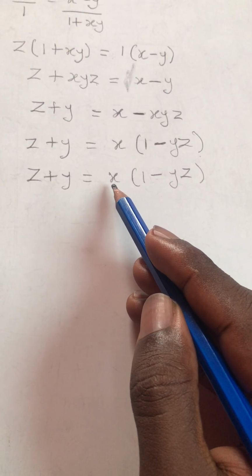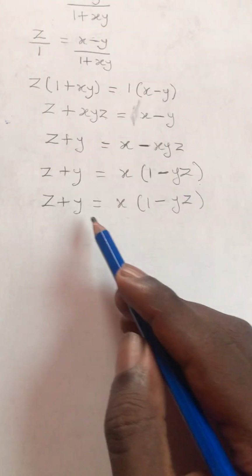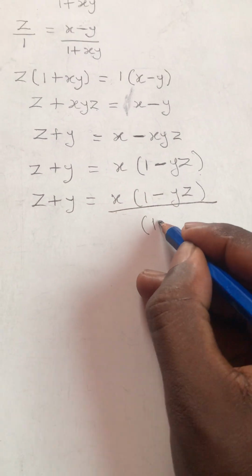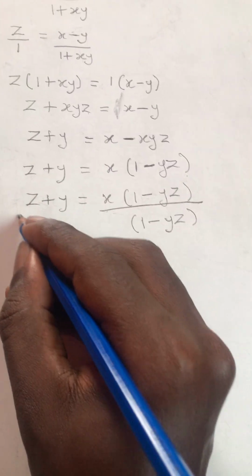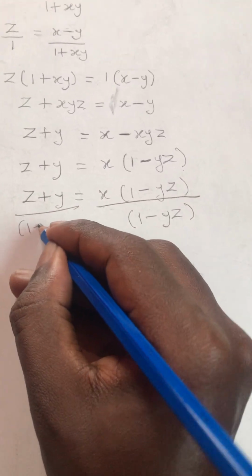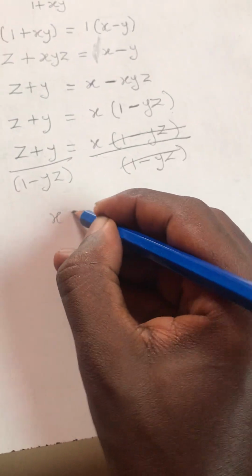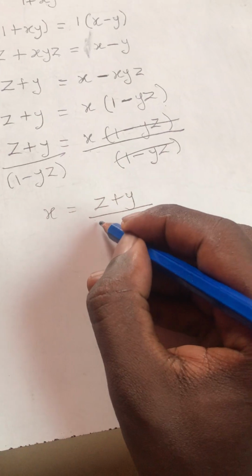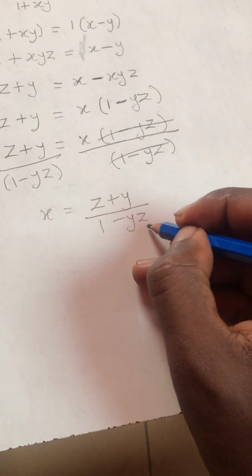And whatever you do to the right hand side of the equation, you do the same to the left hand side. So we divide both sides by 1 minus yz, and we cancel out. We are going to have x equals the fraction z plus y all over 1 minus yz as our final answer.